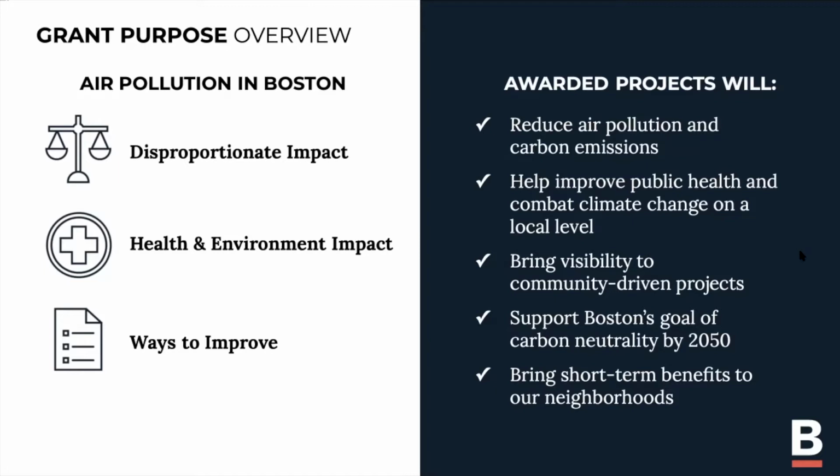There are also health and environmental impacts. So air pollution contributes to higher rates of cardiovascular and respiratory diseases like asthma, and has also, in this recent time that we're in, been linked to higher COVID-19 mortality rates. So definitely emphasizing the importance of it there.